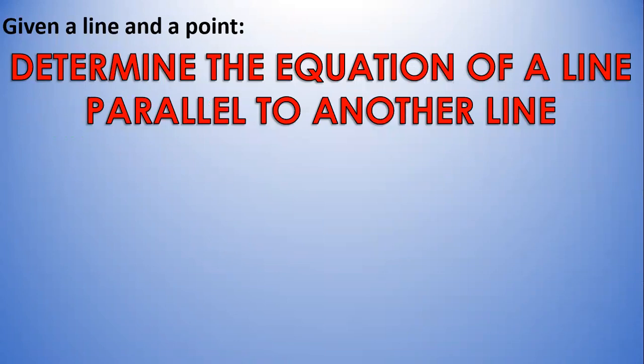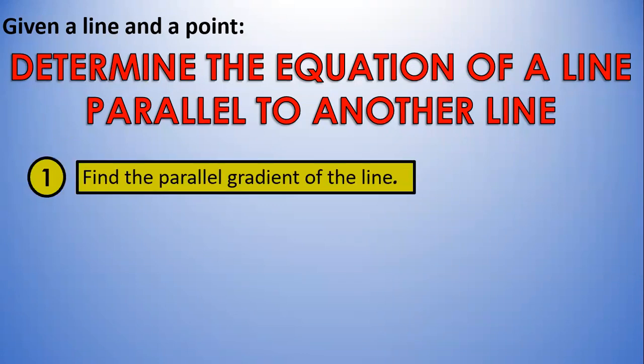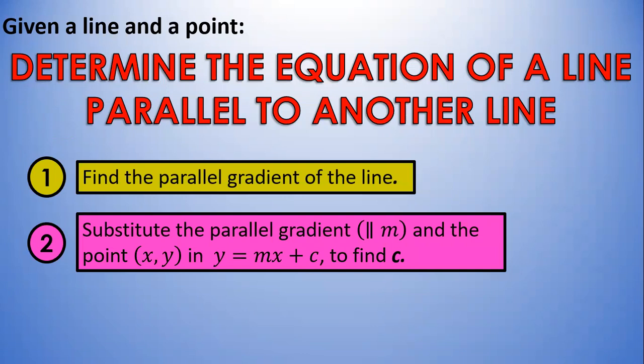Given a line and a point to determine the equation of a line parallel to another line, there are a few steps that we must consider. 1. Find the parallel gradient of the line. 2. Find C. How are we going to find C?